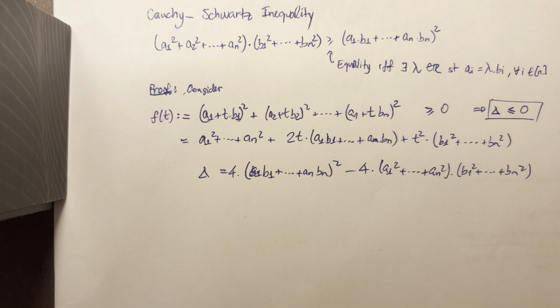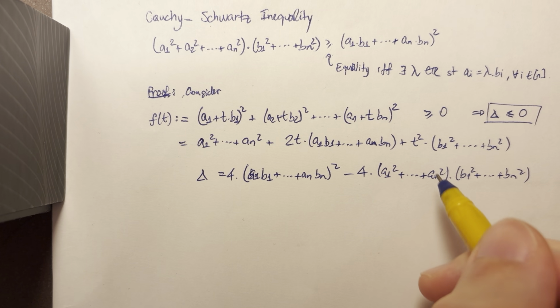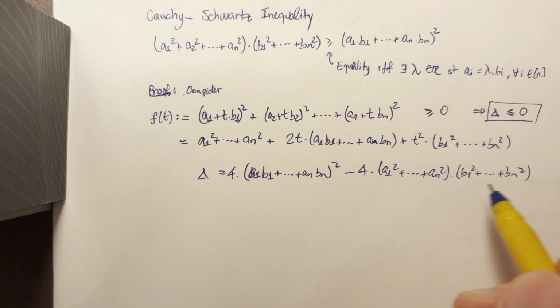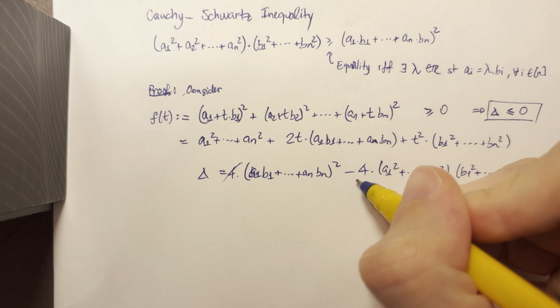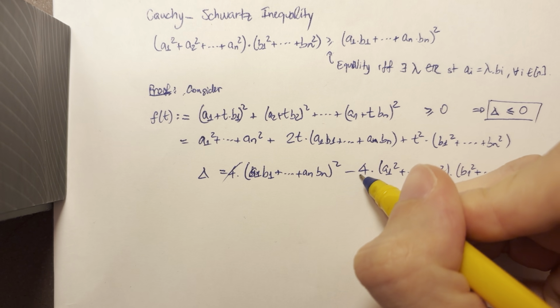So this is great, because this is exactly what we wanted from the Cauchy-Schwarz inequality. These 4's will cancel out.